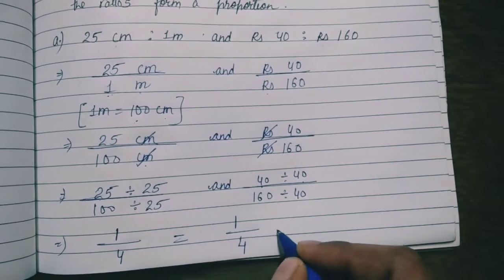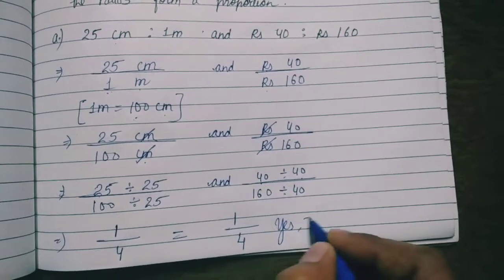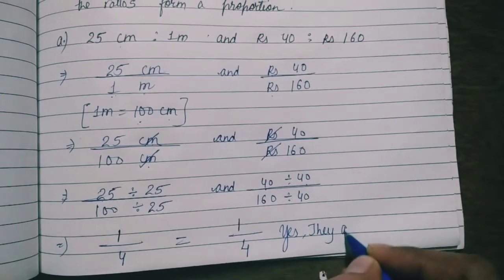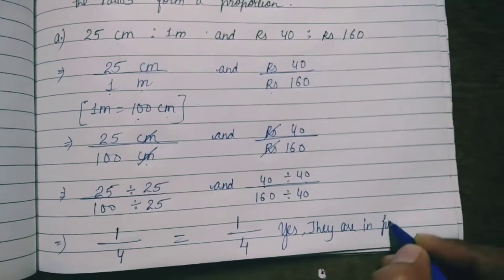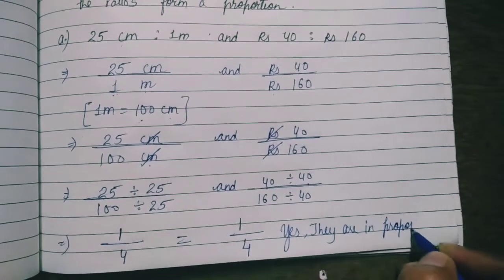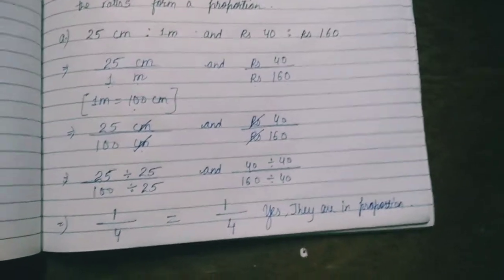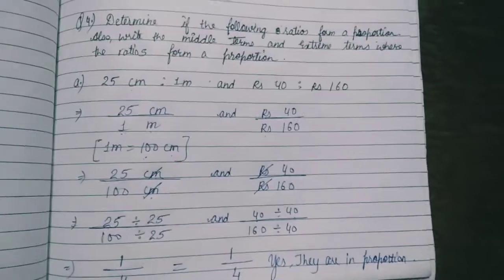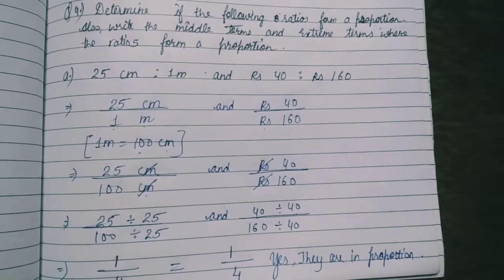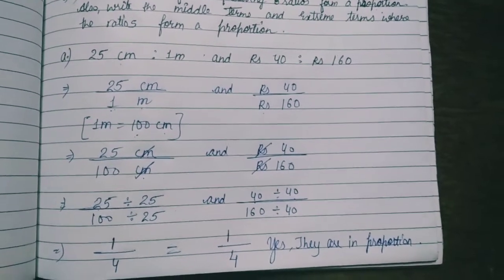So we will write, yes, they are in proportion. Now we have seen they are in proportion, so we need to write the middle terms and extreme terms.